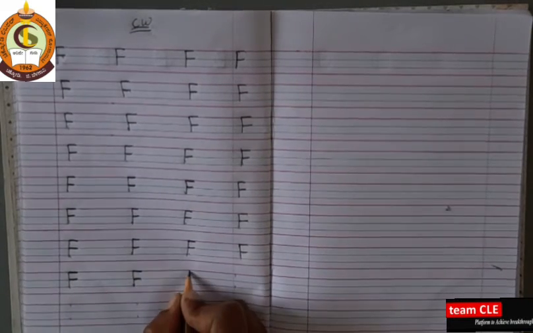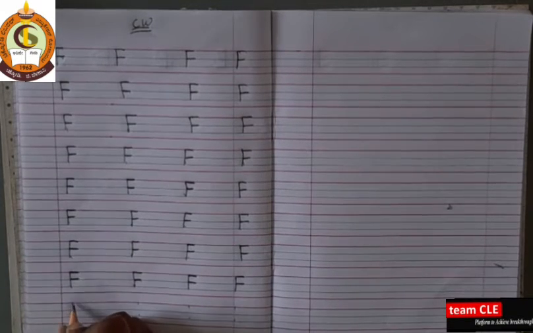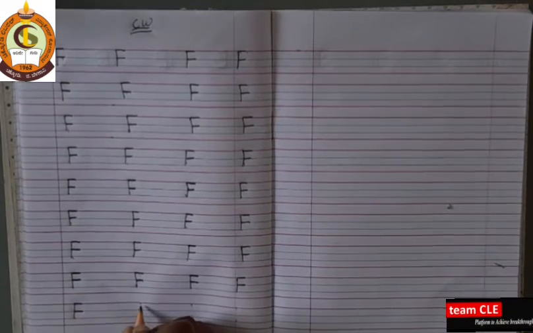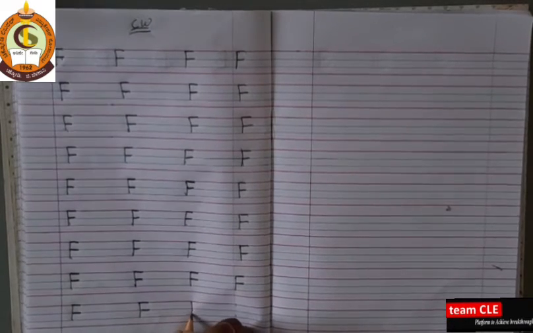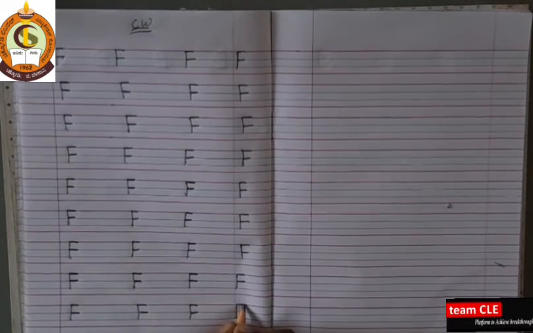Next, F for flower. F for frog. F for fish. F for fan. Next. F for flower. F for fan. F for fish. F for frog.